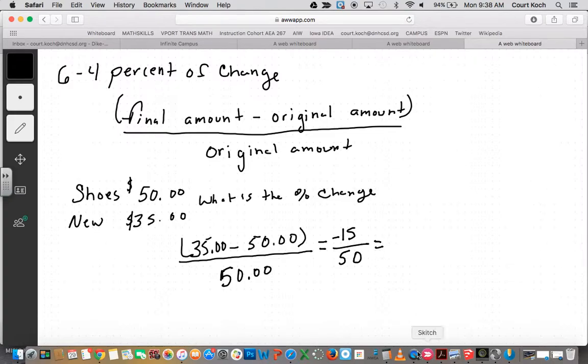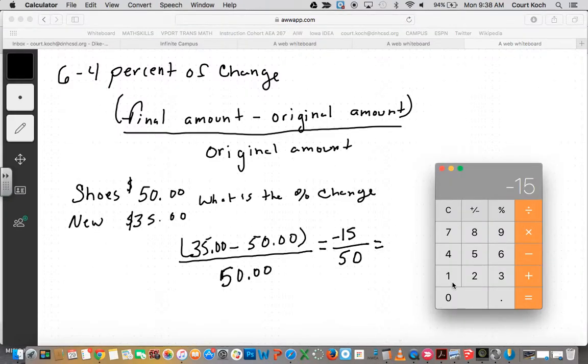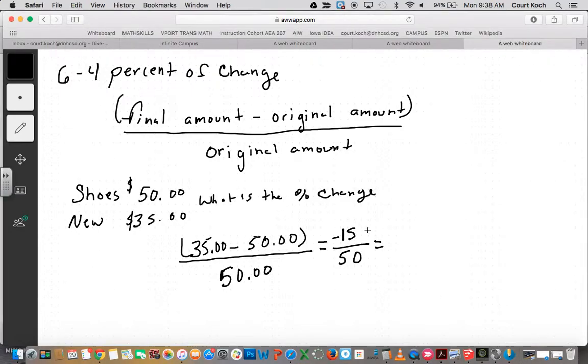I continue to solve. Pull up the calculator. Negative 15 divided by 50 equals negative 0.3. Now what's special about this is negative 0.3 is a percent. Remember, Mr. Coop says that percents are per 100. Well, this is a decimal.